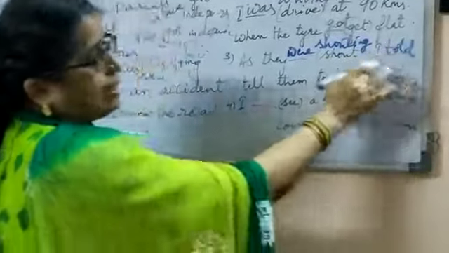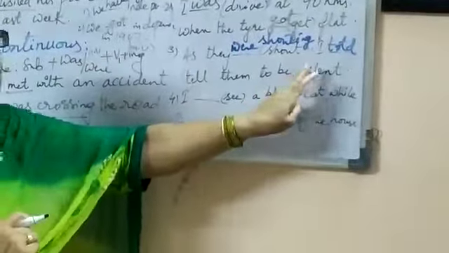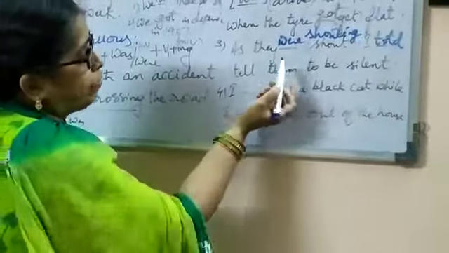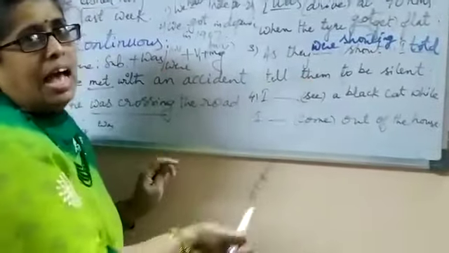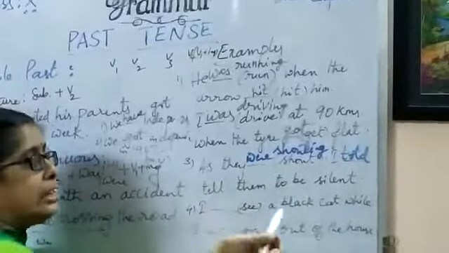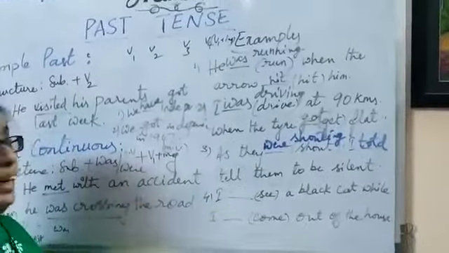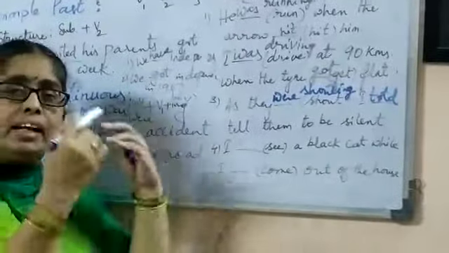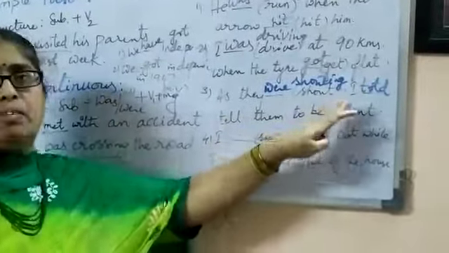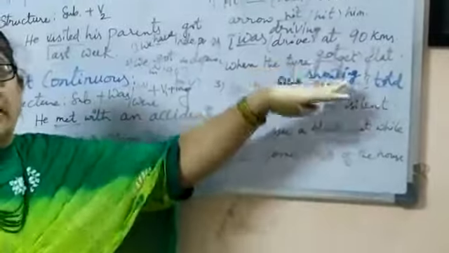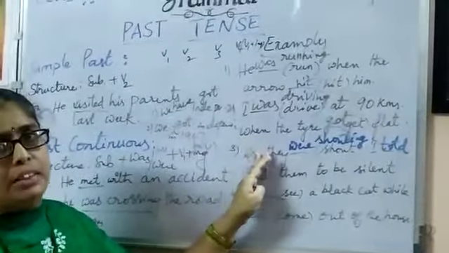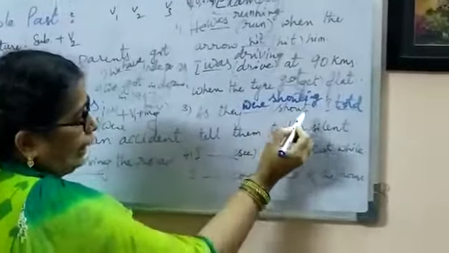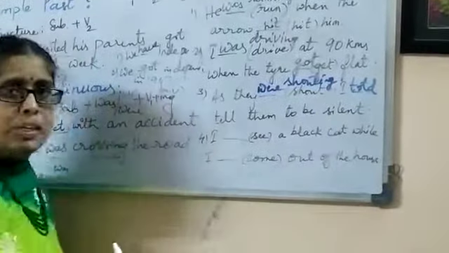You can't take this action as past continuous, I was telling, no. This action happened at the time of this action going on. As they were shouting, that's why you told them to be silent. Here you can't take simple past, as they shouted, because that action is already completed. That is the purpose of past continuous in this given sentence. As they were shouting, I told them to be silent.